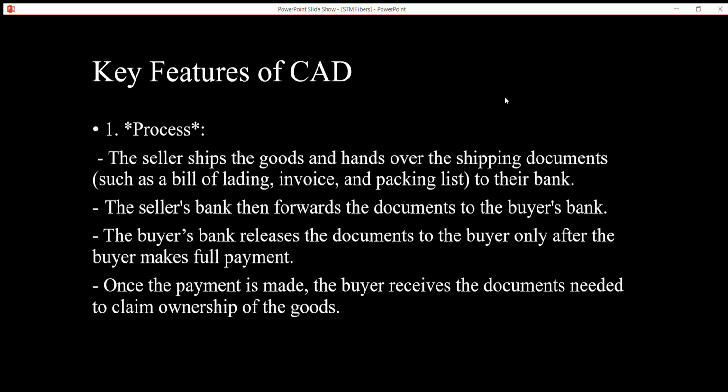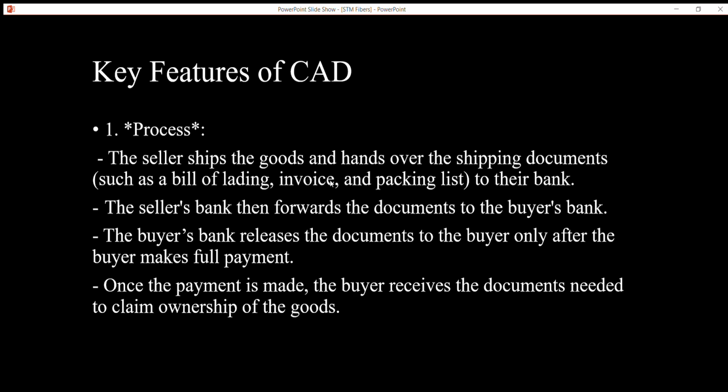There are different features of this payment method. First is the process. In the process, the seller ships the goods and hands over the shipping documents such as bill of lading, invoice, and packing list to their bank. The seller's bank then forwards the documents to the buyer's bank.